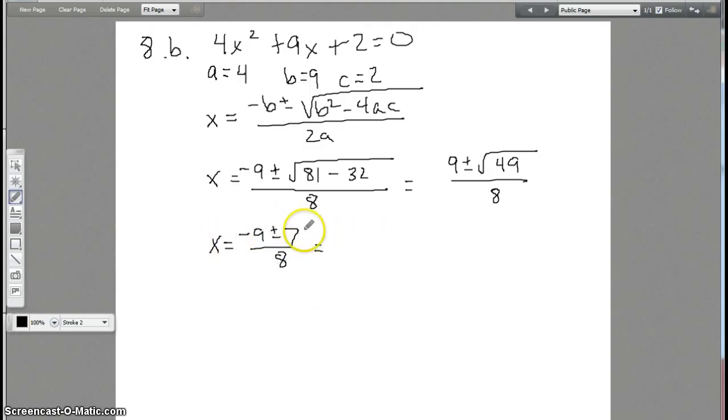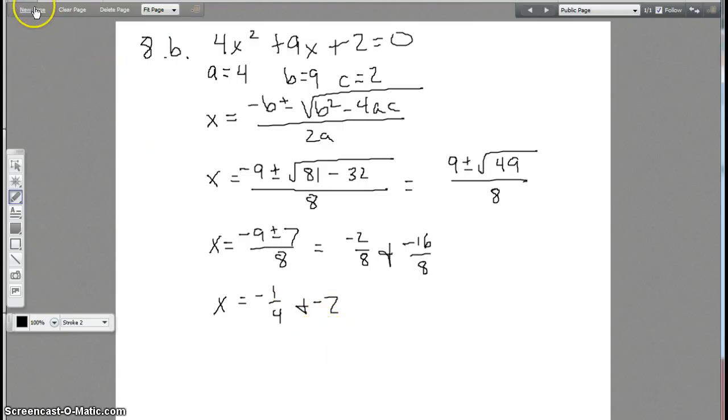We have negative 9 plus 7, which is a negative 2 over 8. And we have a negative 9 minus 7, which is a negative 16 over 8. So now we need to simplify these two values. And our x is equal to negative 1/4 and negative 2. So negative 1/4 and negative 2 are our two answers for number 8, part B.